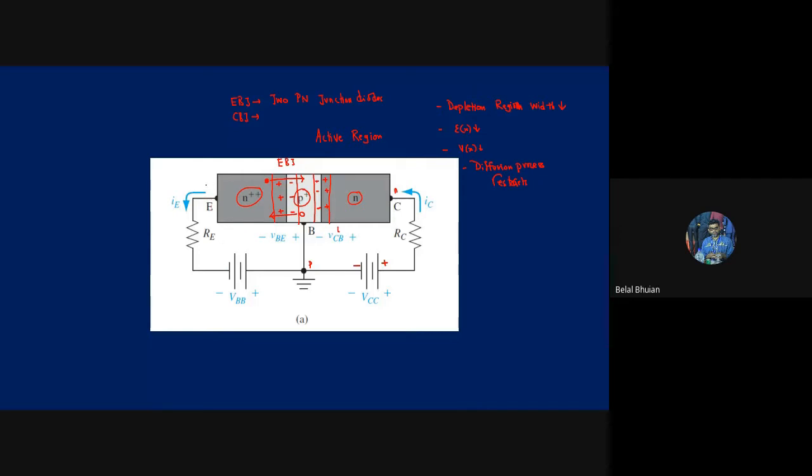The battery is pumping electrons into the N side, and once electrons have entered the P side from the N side, they immediately become excess minority carriers.